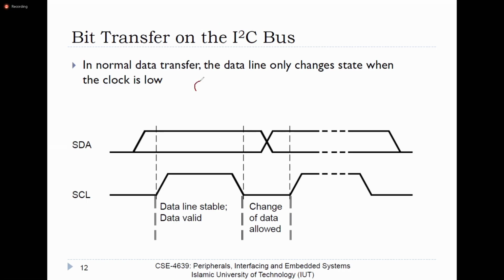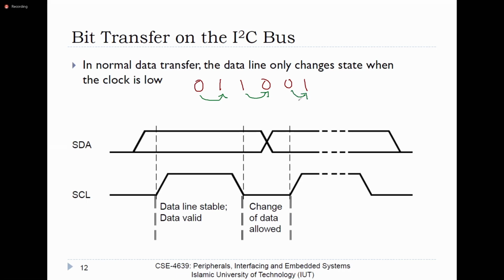So let's say 0, 1, 1, 0, 0, 1. We have some transitions. Here we have a transition from 0 to 1, but we don't have any transition there. Here we have a transition from 1 to 0, and next no transition, but then another transition.